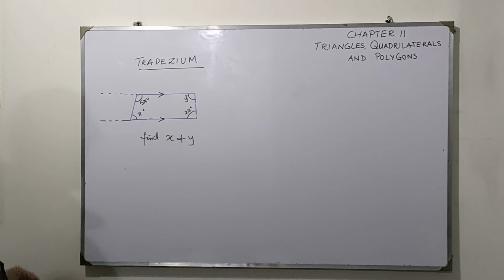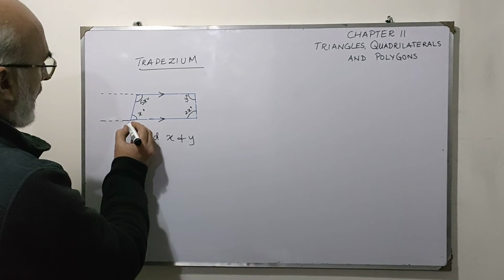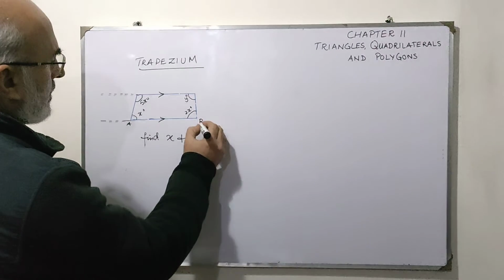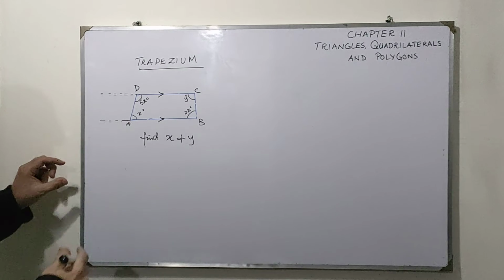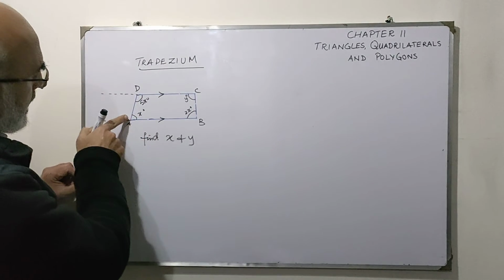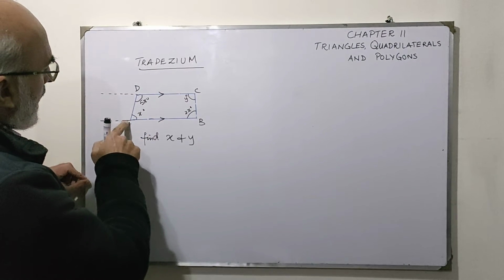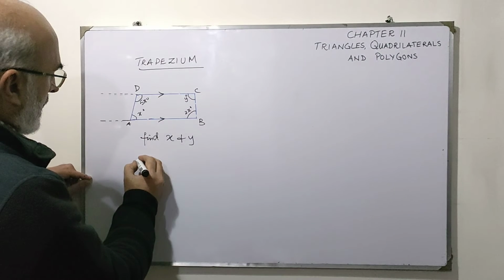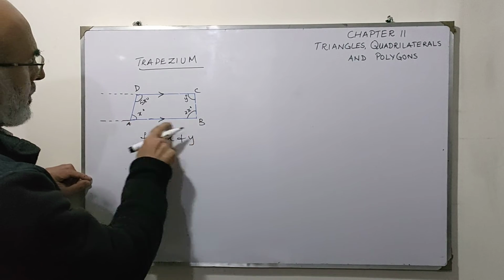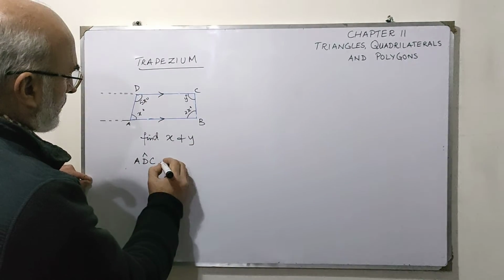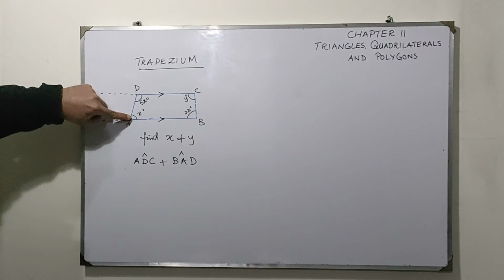Okay, so in this case, just to make it easier, I can put here A, B, C, D, so that it's easy to name the angles. I have two angles here, this angle and this angle.